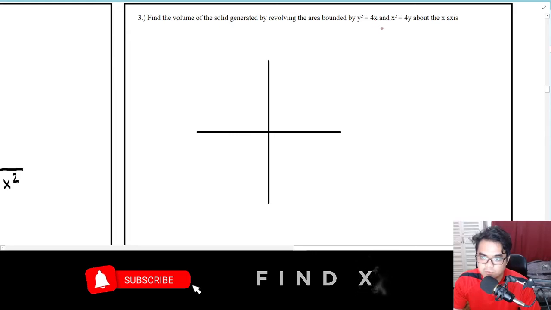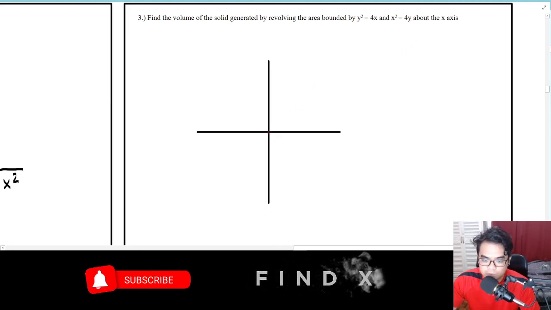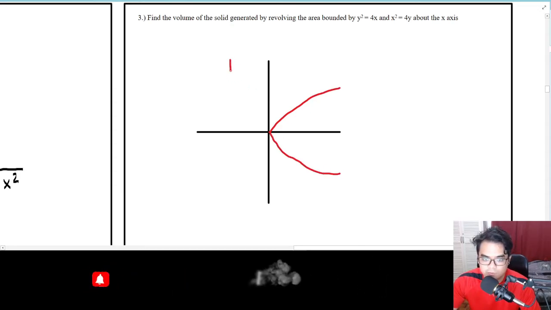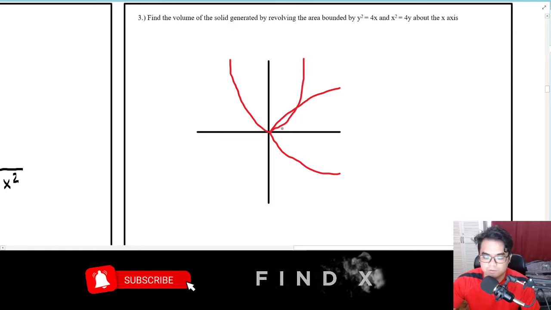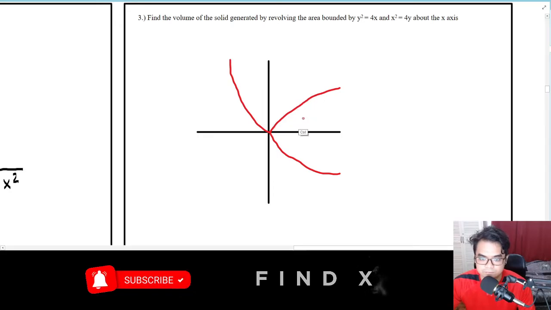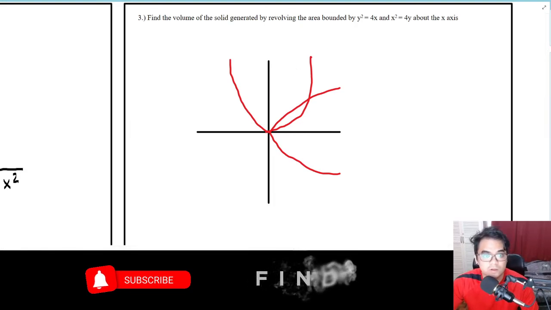We have y squared equal to 4x, which is opening right, and x squared equal to 4y opening upward. So this will be the first parabola, and the second parabola looks something like this. So those are the two parabolas.